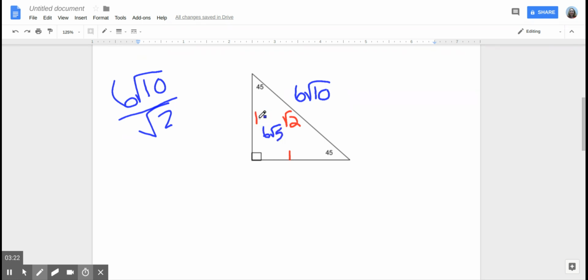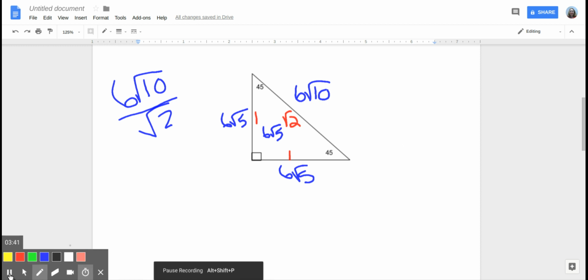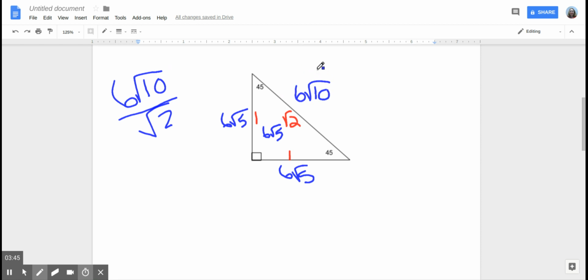And then we would multiply that by 1 to get both sides of this triangle. So you can see we can do this with radicals. If this number was not a radical and we would divide by the square root of 2, we would have to rationalize the denominator.